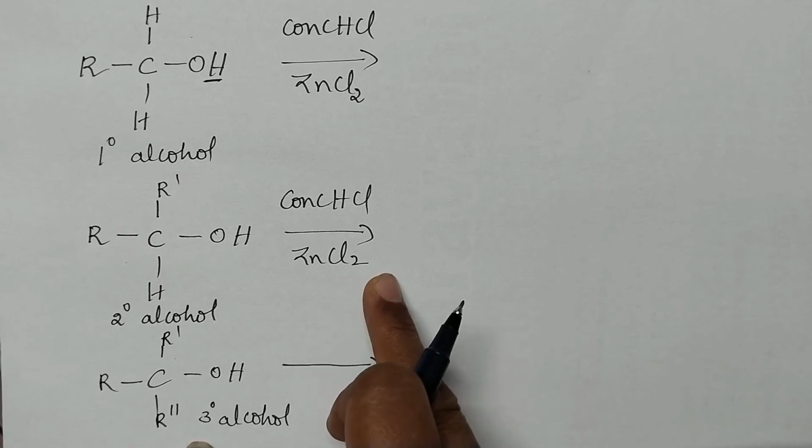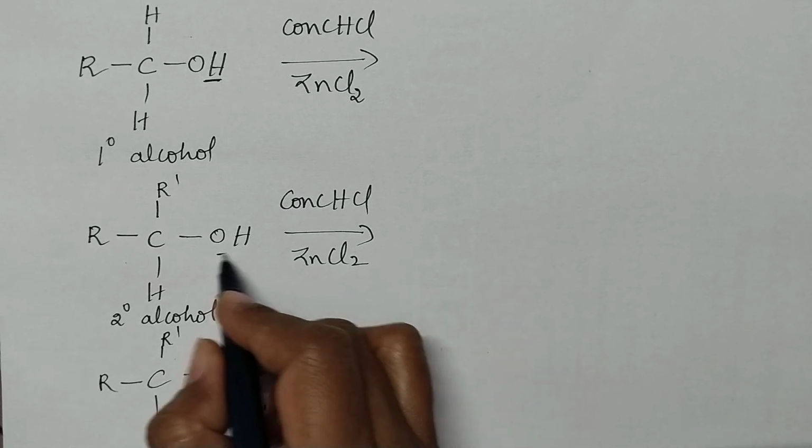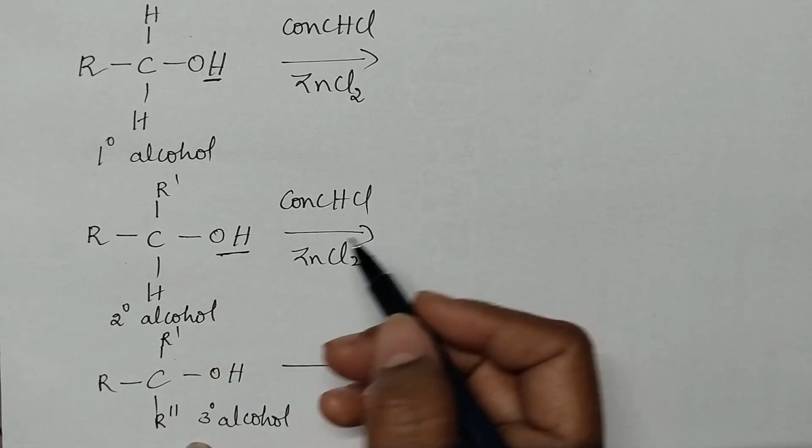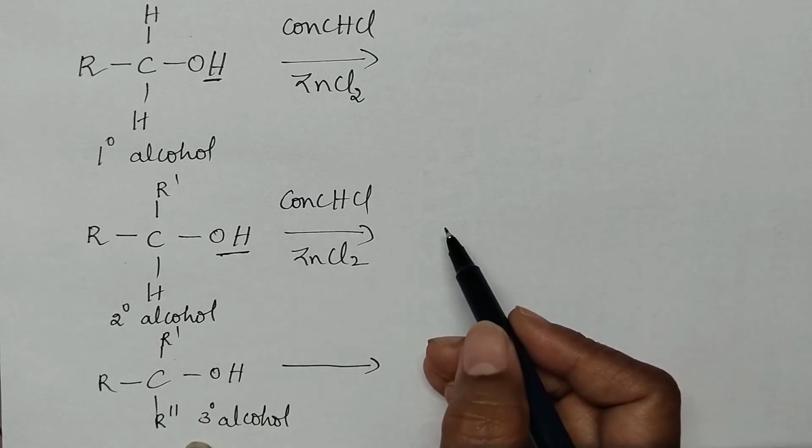Initially, it results in the formation of a carbonium ion by the elimination of the OH group. Then Cl will be added. So what is the final product?